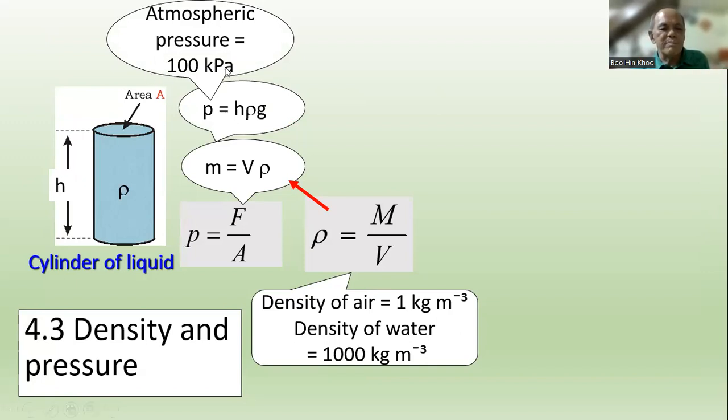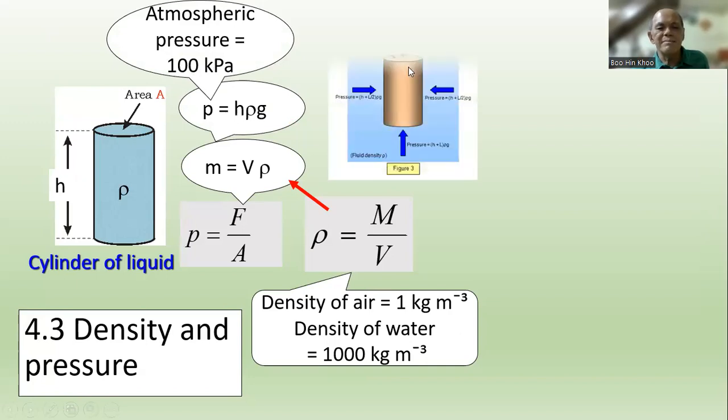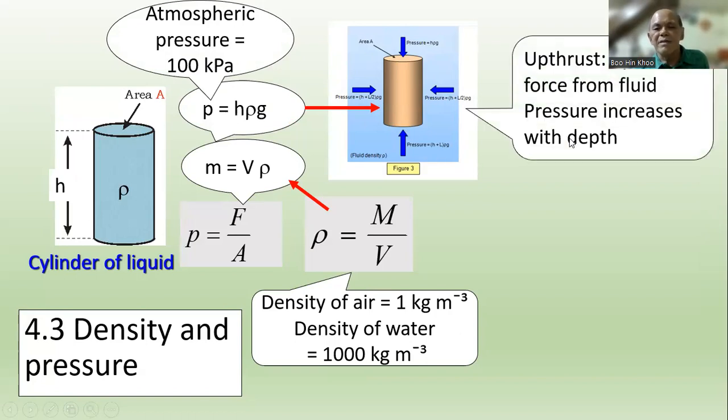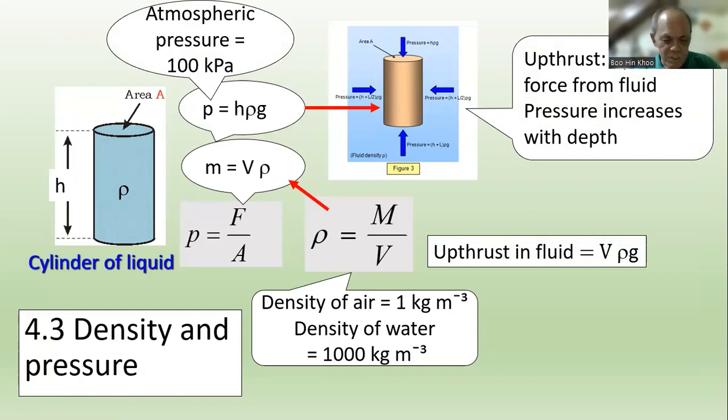Atmospheric pressure, you need to remember, is 100 kilopascal. Horizontally, the two pressures balance. Only the top has a lower pressure, and the bottom has a higher pressure. Upthrust, the upward force from liquid, is due to the pressure increasing with depth. Just draw your own mind map to summarize.